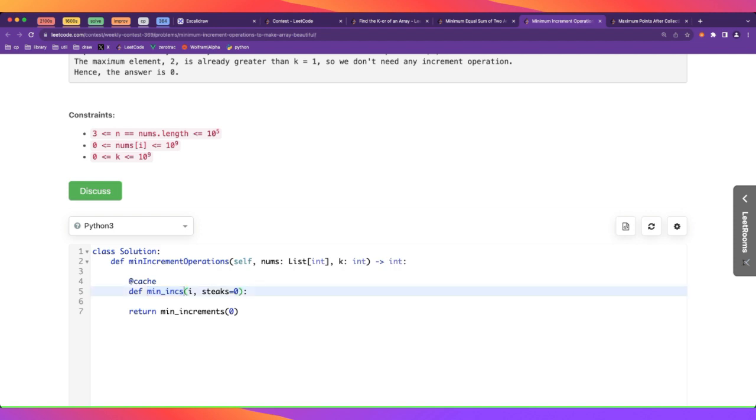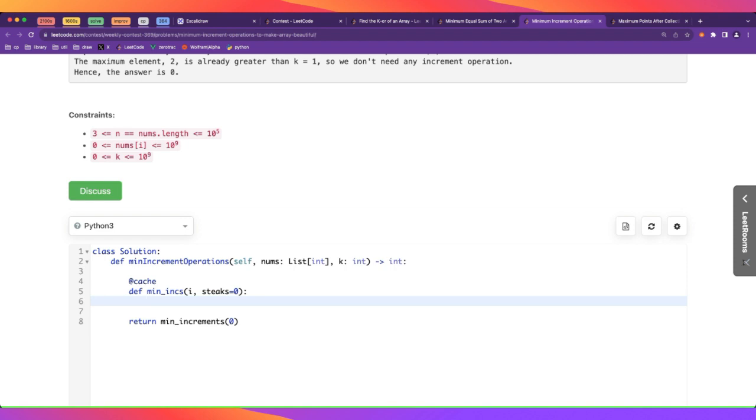I prefer to use a name that declares what the value is. It's better for thinking about the recursion when the name of the function has meaning.